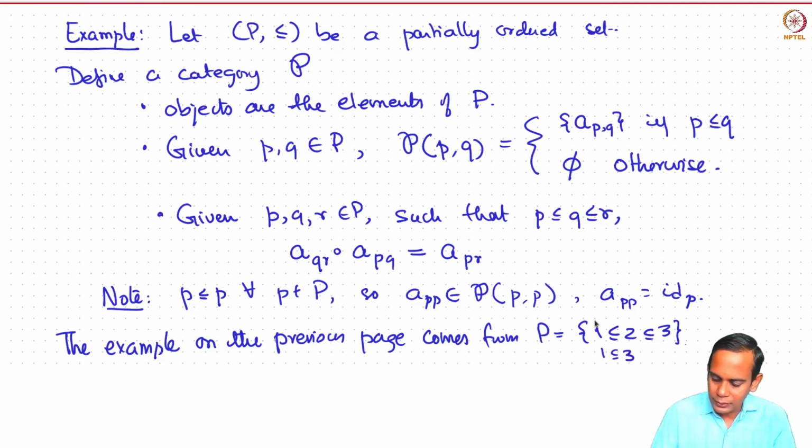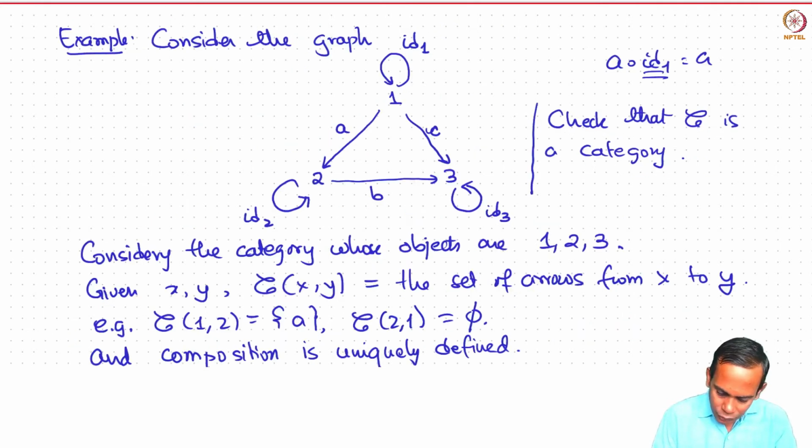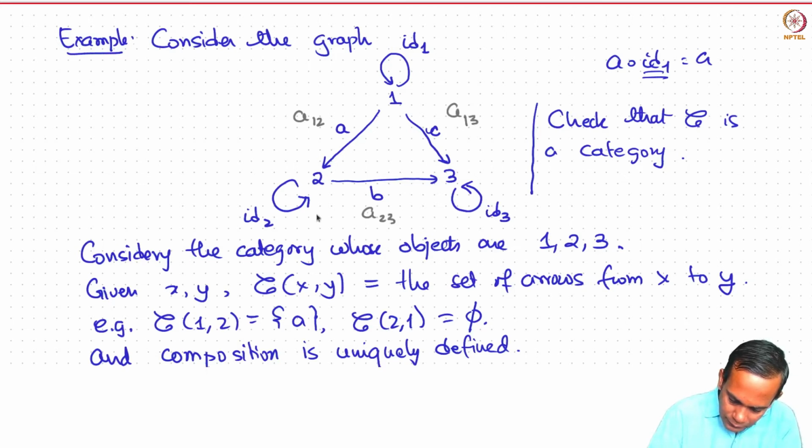So that relation gives rise to, of course 1 is less than or equal to 1, 2 is less than or equal to 2, and 3 is less than or equal to 3. So maybe the best way to write this is that 1 is strictly less than 2 is strictly less than 3. That's a linear order. And if you look at it, this is what we would call a_12, this is a_23, this is a_13, this is a_22, this is a_11, and this is a_33.